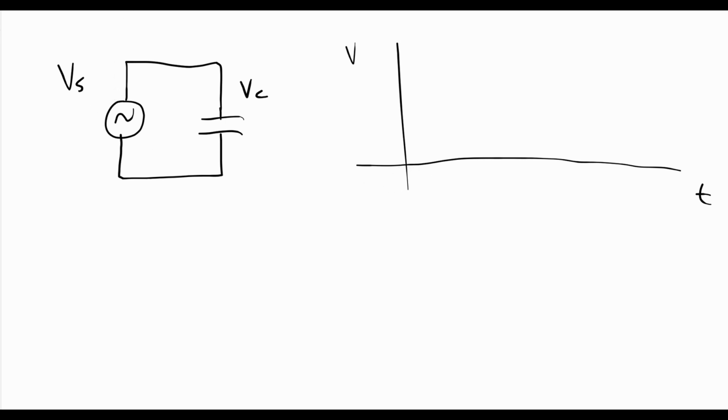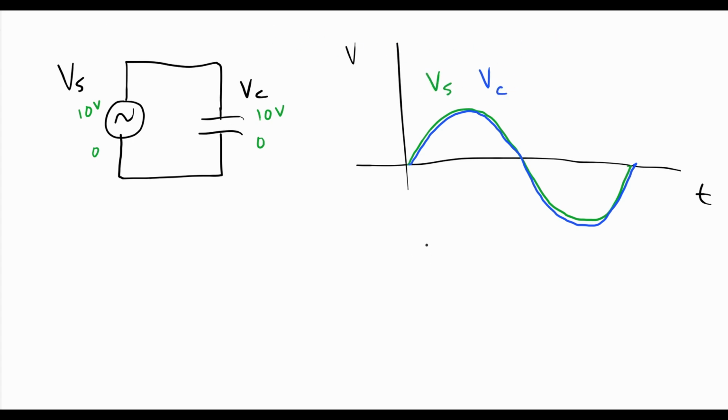So if the voltage of the source had been 10 volts at the time that we're drawing, then the capacitor would have to have 10 volts across it at that time as well. So what you would see is you'd see two identical sine waves where the voltage of the source just goes along with the voltage of the capacitor.